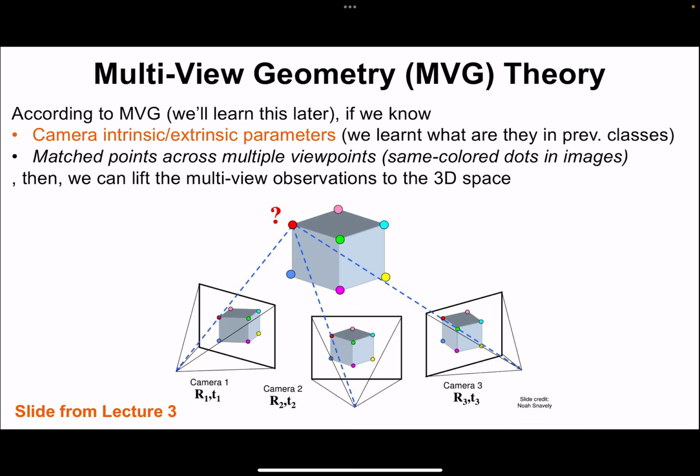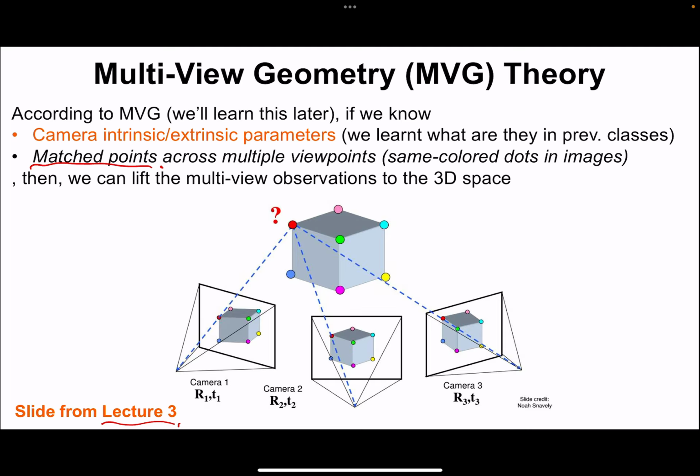I hope you are familiar with this slide. This is a slide from lecture 3. According to multi-view geometry theory, if we know the camera intrinsic and extrinsic parameters and match a point across multiple viewpoints, then we can lift the multi-view observations to 3D space. Last class we studied how we can match a point across multiple viewpoints: how can we define repeatable, consistent features, extract those features, and make correspondences between them?